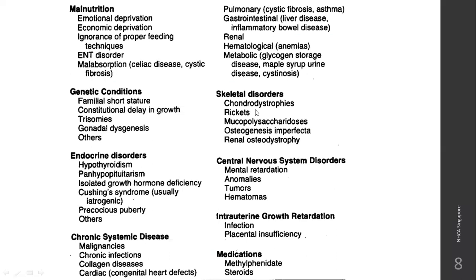Central nervous disorders like mental retardation, any anomalies, tumors, hematomas, intrauterine growth retardation, infection, placental insufficiency are also considered. Medications, like methylphenidate, or if the child is put on steroids for a longer period of time, could also lead to failure to thrive. So these are the causes of failure to thrive.